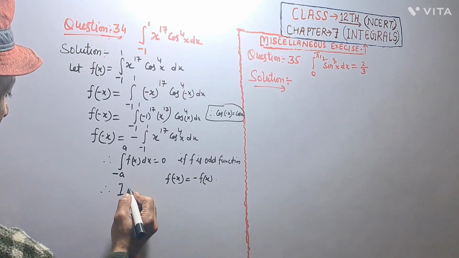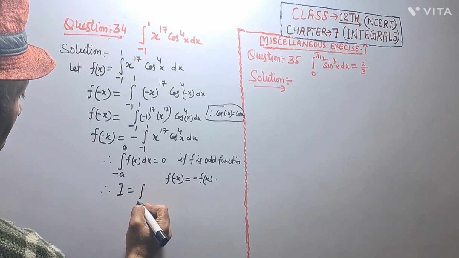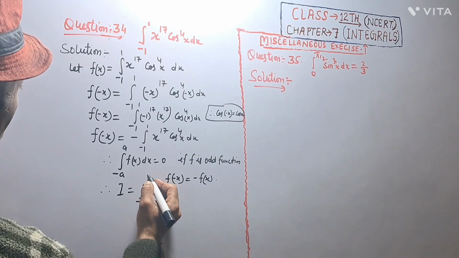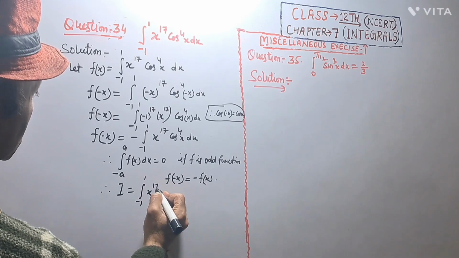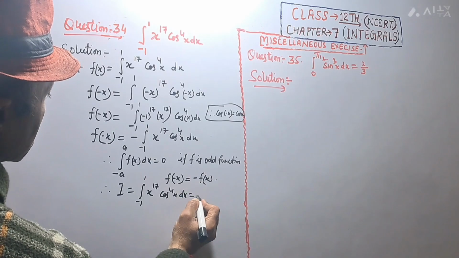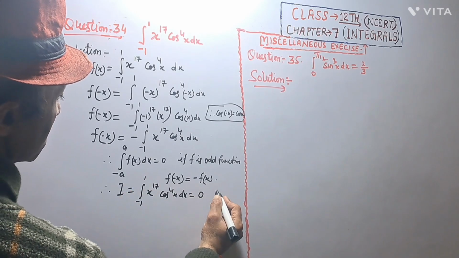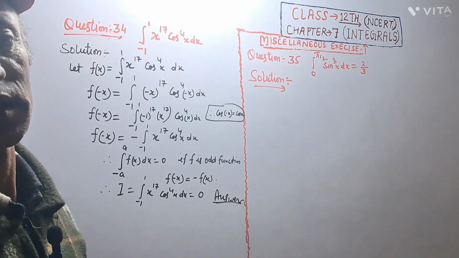So the integration from minus 1 to 1 of x raised to power 17 cos 4x dx is equal to 0. Answer.